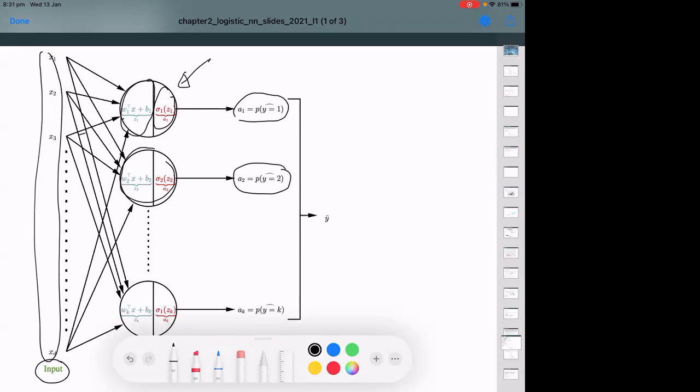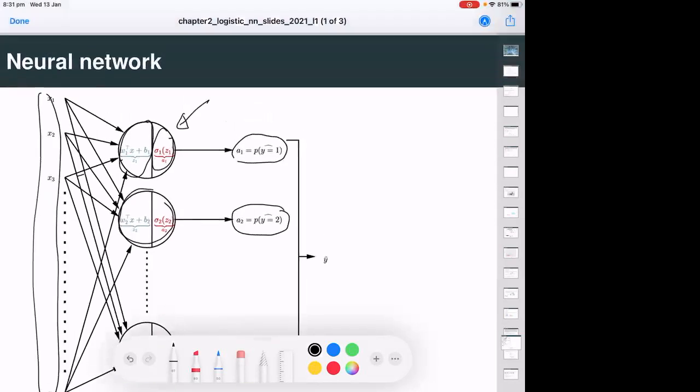But all of these are connected. They are not completely independent, and you can see the dependence.